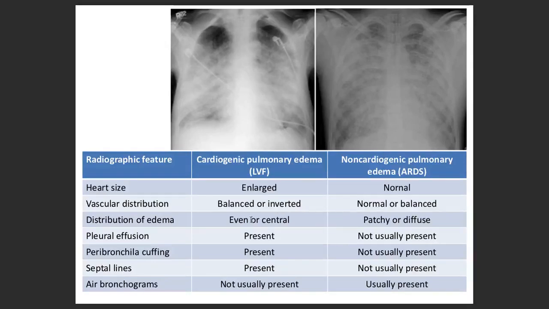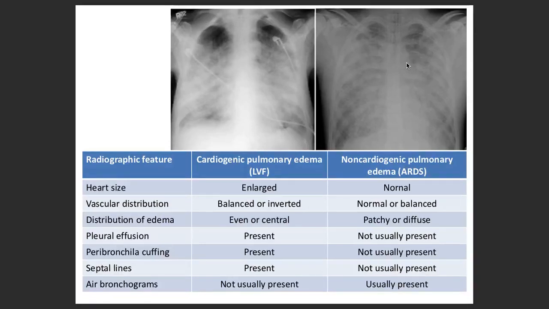Similarly, the edema in the cardiogenic cause is more even or central. However, in the respiratory cause, the edema is going to be much more widespread. For example, in the cardiogenic case you are able to at least see some clear lung zones. Over here, not at all. You can't see anything at all.